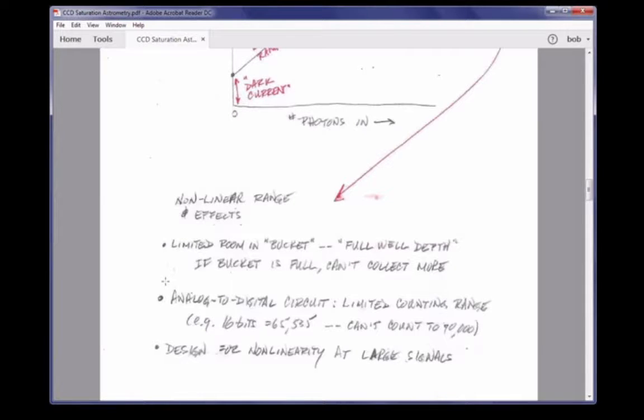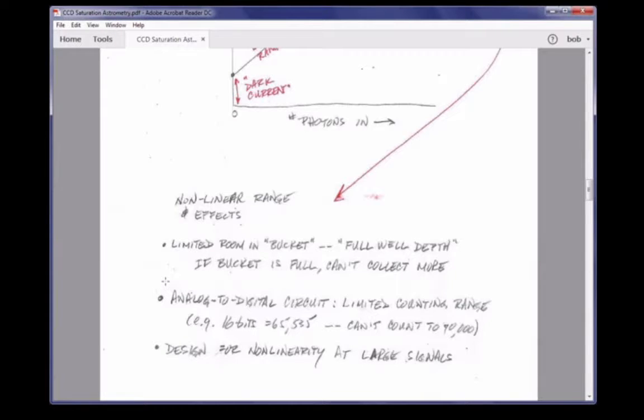Even if the bucket isn't full, if the design of the counting circuit, the analog to digital circuit, has a limited range, you might get to the point where that circuit just can't count any higher. As we were talking the other day, if I have a 16-bit counter, the biggest number it can count to is 65,000 and change.